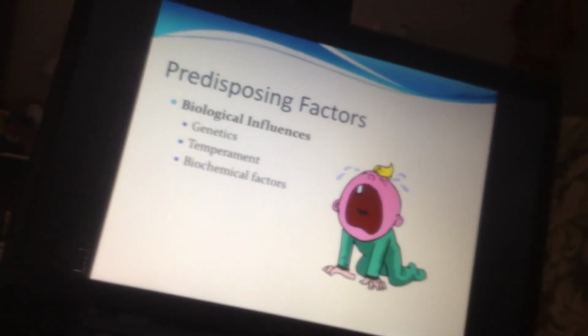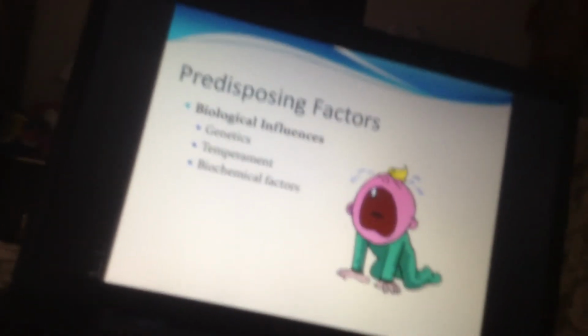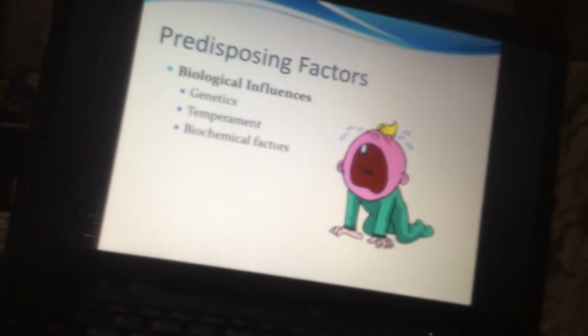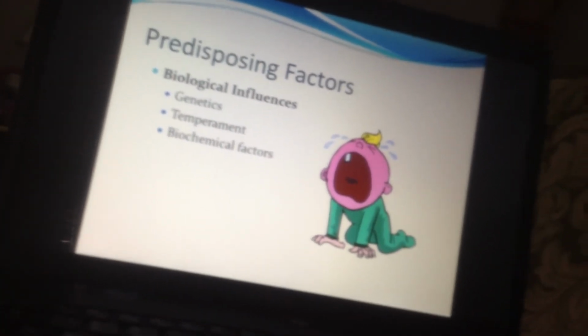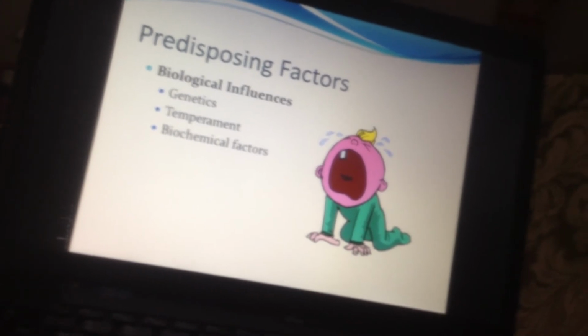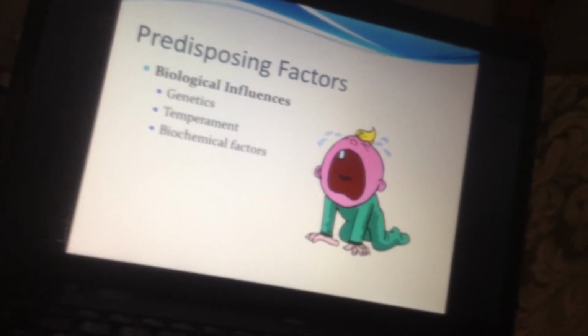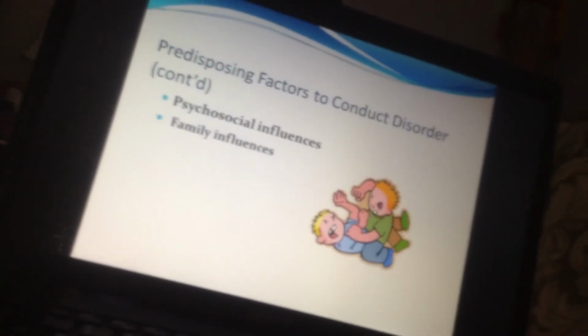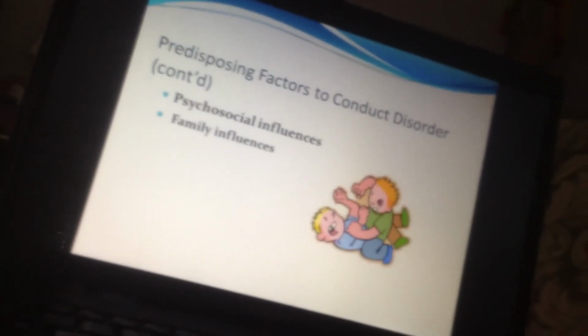Okay, predisposing factors: we can look at genes, temperament, and biochemical factors. Biochemical, you want to look at the neurotransmitters norepinephrine and serotonin, because those would predispose you to having conduct disorders.